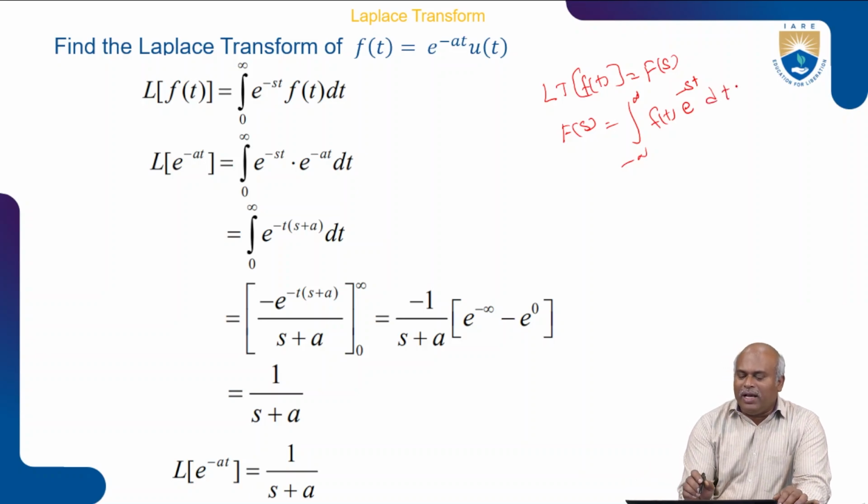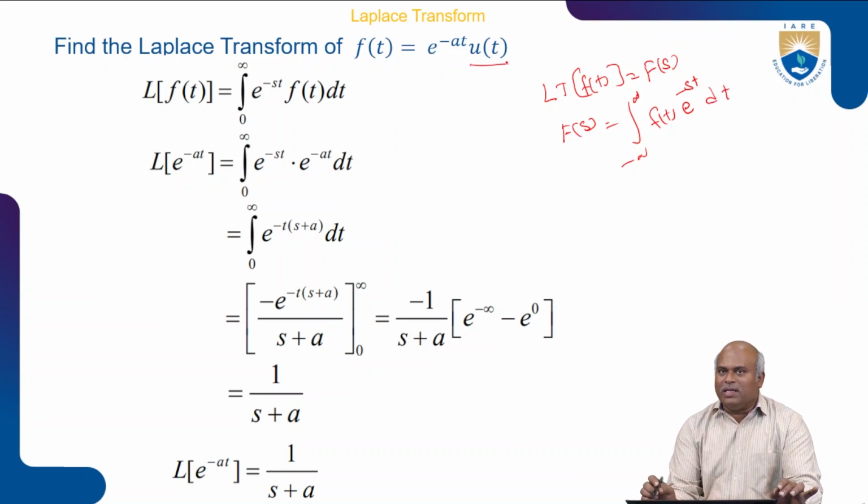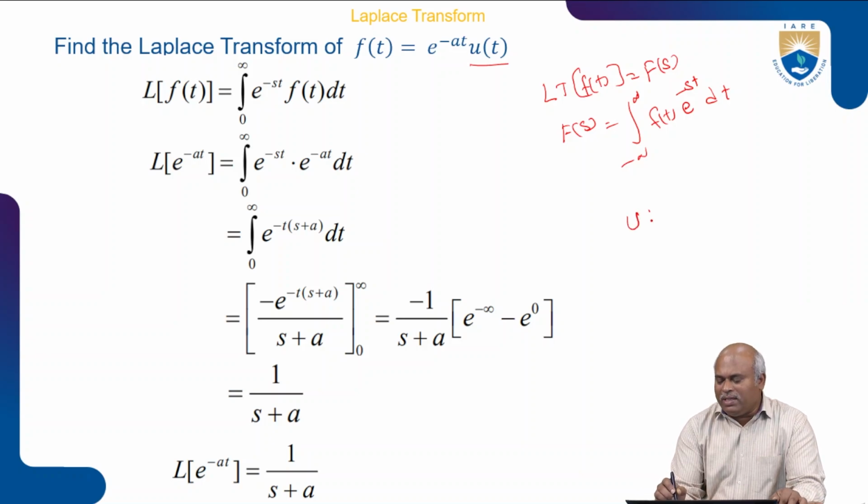Here the signal is u of t, and we know u of t is equal to 1 when t is greater than or equal to 0, and 0 otherwise.